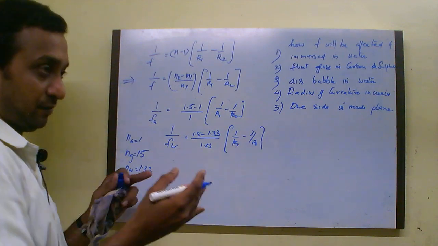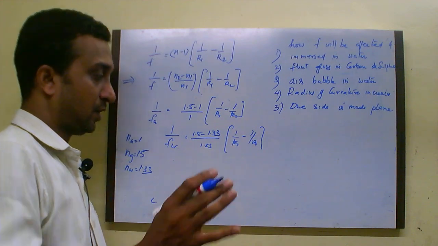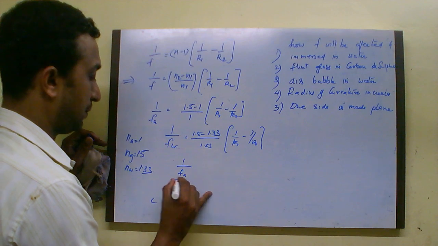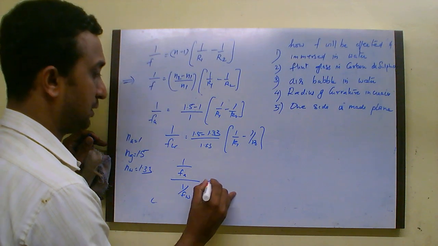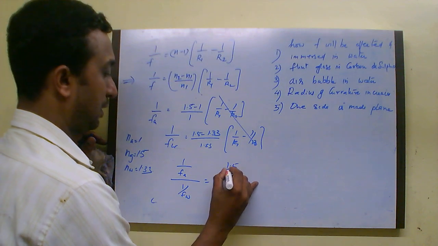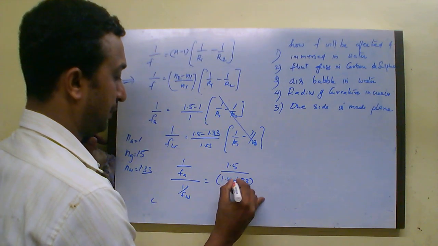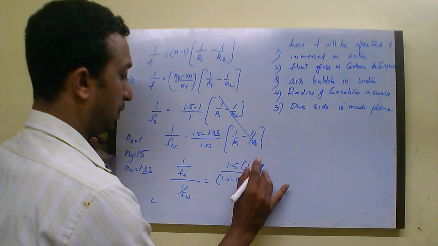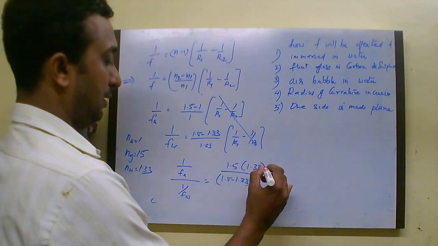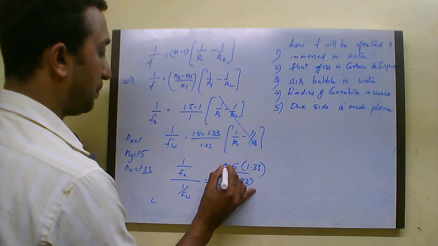See, when you immerse it in another medium, the radius of curvature doesn't vary. So when you divide both equations, (1/f in air)/(1/f in water), you can cancel these terms. So you have 1.5 minus 1, so you will have 0.5 here.